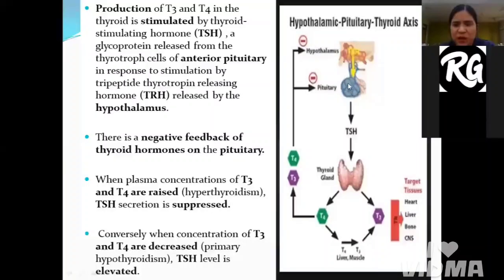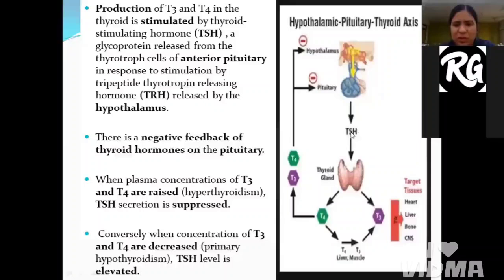Receptors are present on the thyrotroph cells, and it stimulates them to release TSH, that is thyroid stimulating hormone. These are all the trophic hormones. Trophic means to stimulate or to bring a change in growth, nutrition, multiplication.